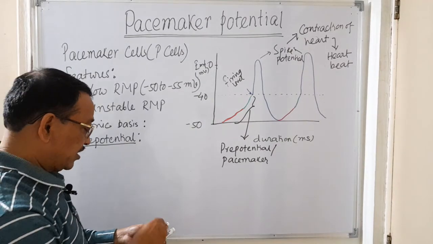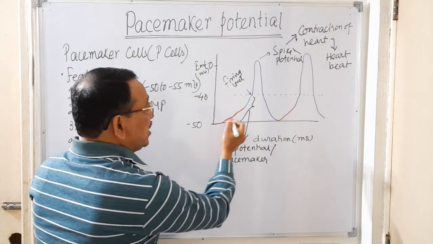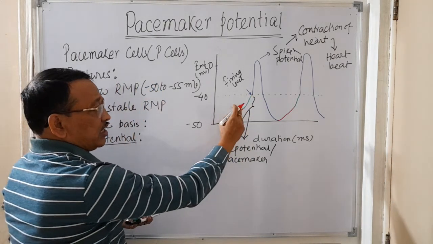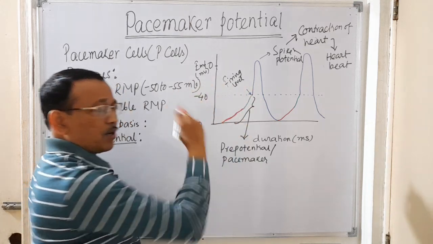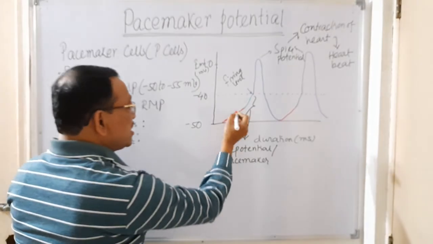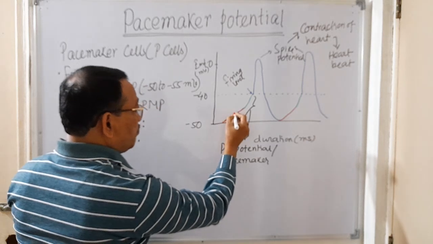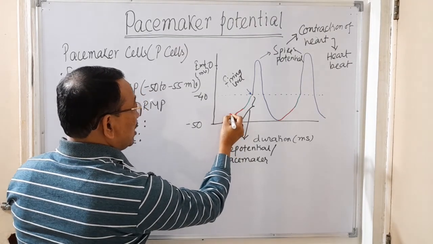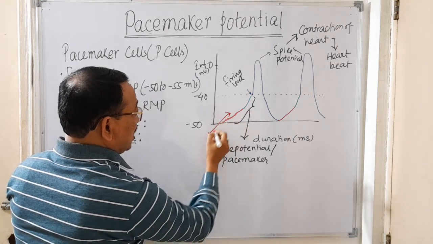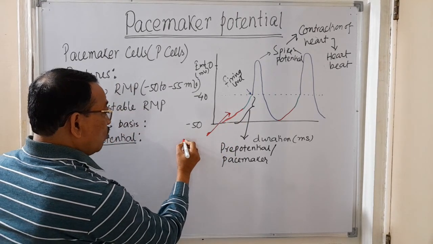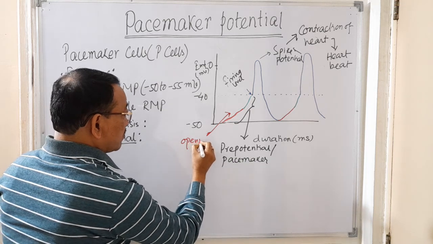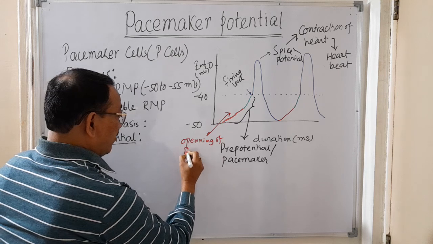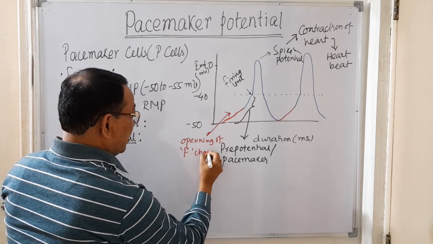So here you see, as I told, in the pacemaker potential there are two parts, an initial part and a later part. The initial part of the pacemaker potential is due to the opening of F channels or funny channels.